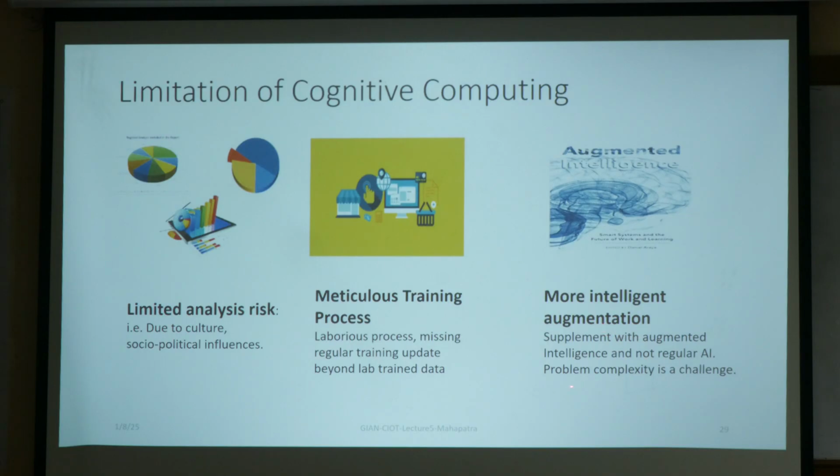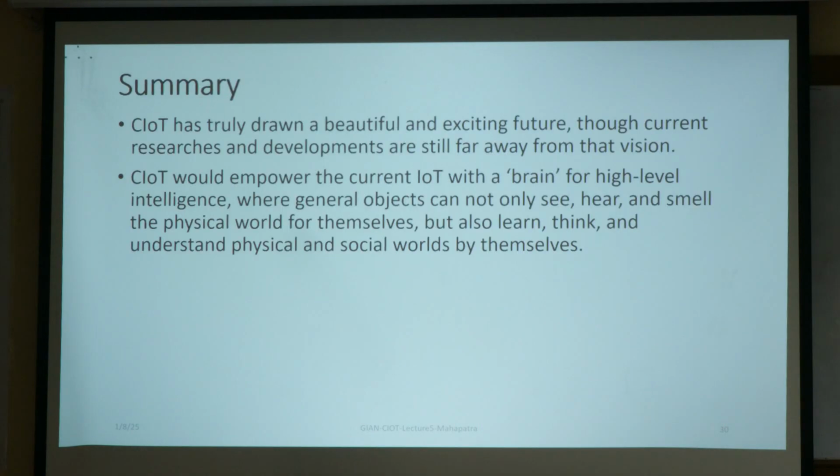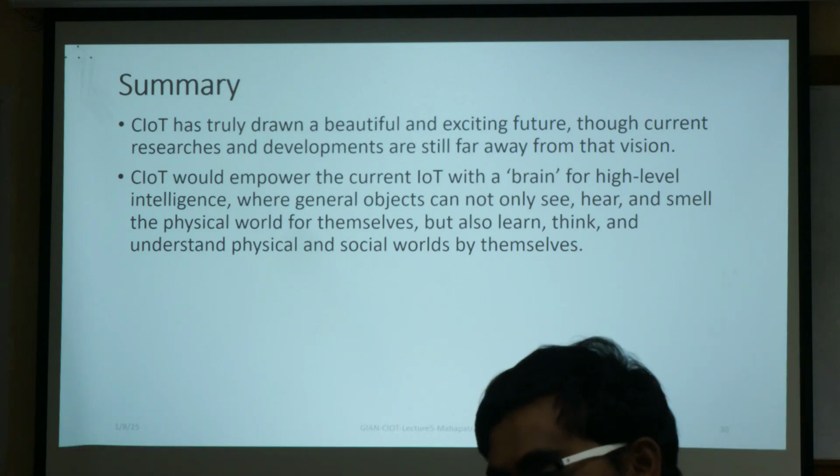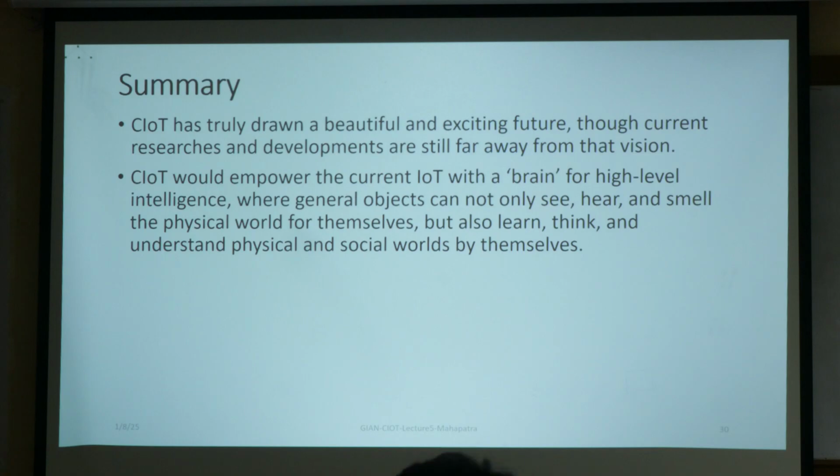So AI problem complexity is a challenge for that. In summary, your CIoT has truly drawn a beautiful and exciting future, though current research and developments are still far away from that vision. A long way to go, in other words.